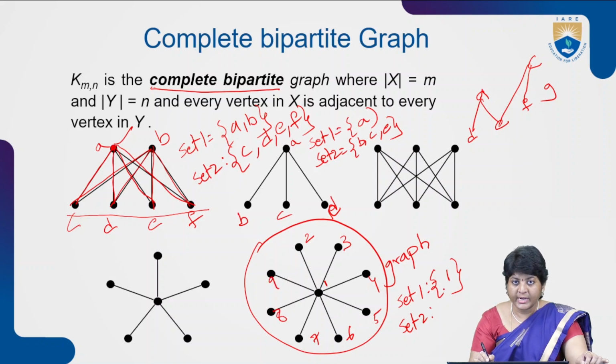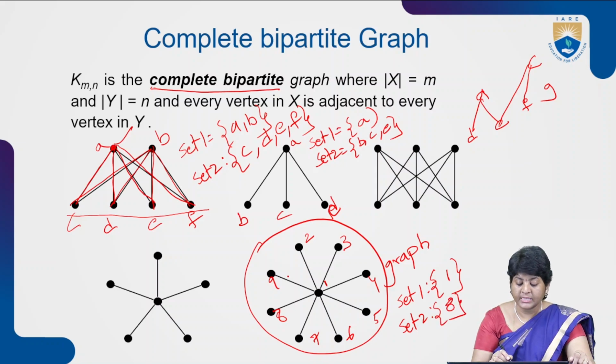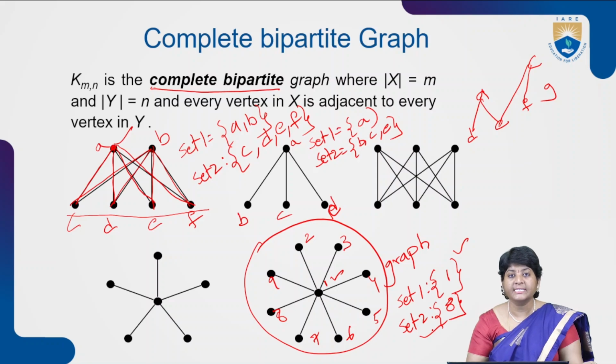If set 1 contains only one vertex, the rest, that is 8 vertices, belong to set 2. Because 2, 3, 4, 5, 6, 7, 8, 9 are not connected with each other. They are connected only to vertex number 1. So set 1 has only one vertex, and set 2 has 8 vertices. In this way, we can separate 2 sets.